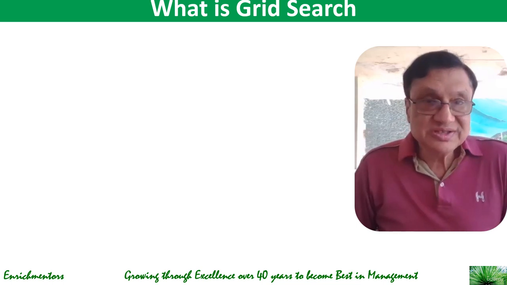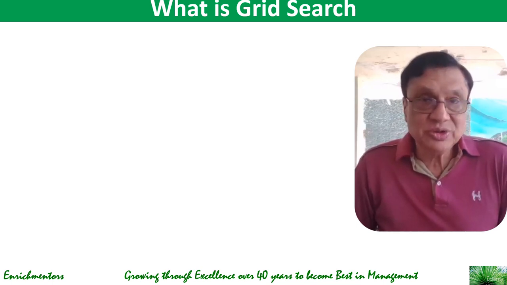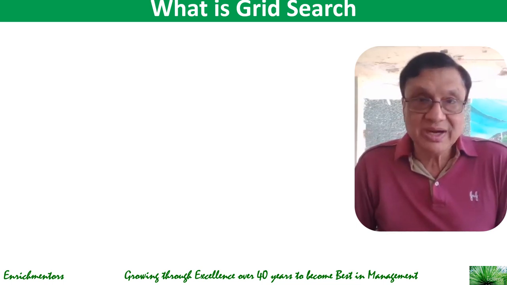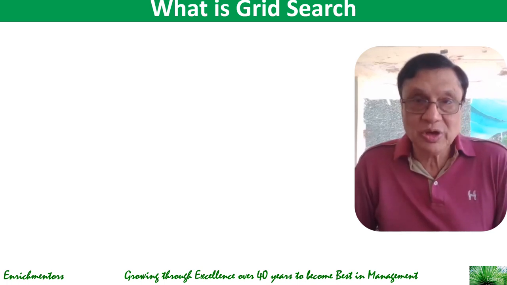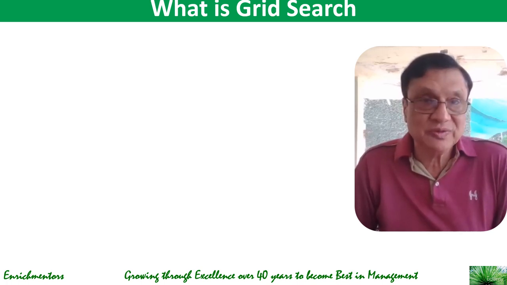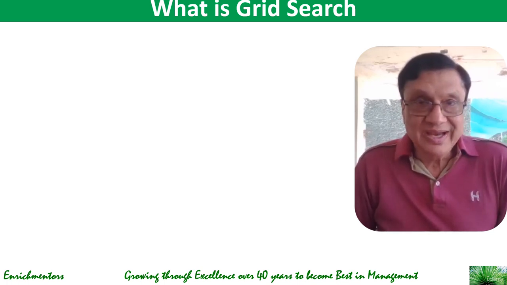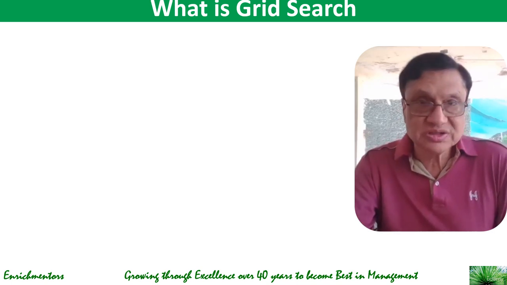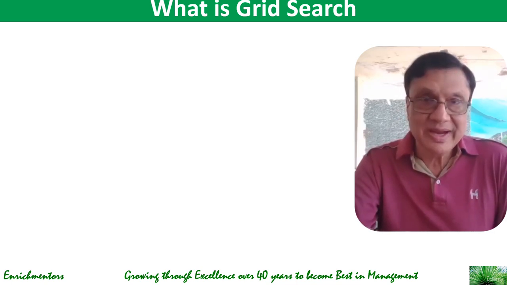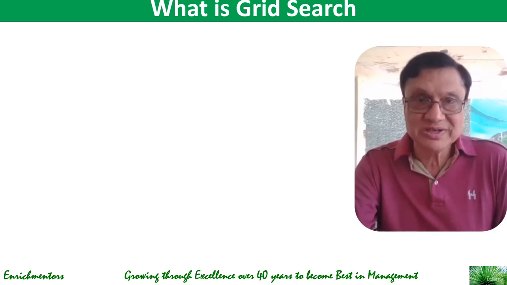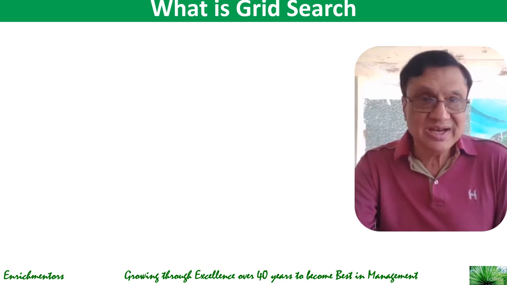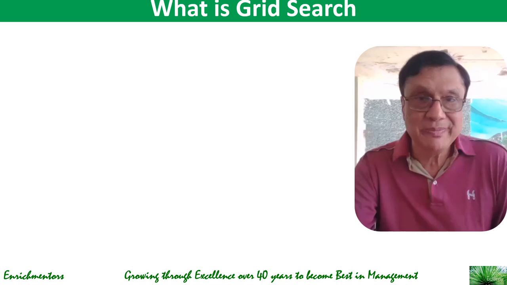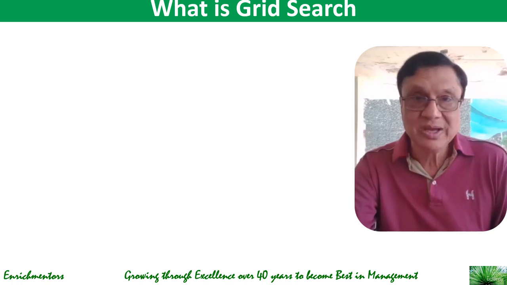Grid search is a hyperparameter tuning technique used to systematically search for the optimal combination of hyperparameter values for machine learning models. And it works exhaustively. It works by exhaustively evaluating a specified set of hyperparameter combinations and selecting the combination that gives the best performance according to a predefined evaluation criteria.